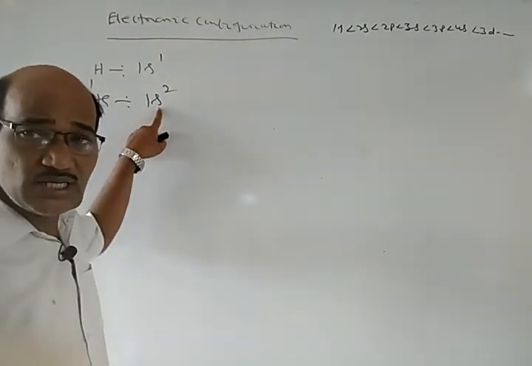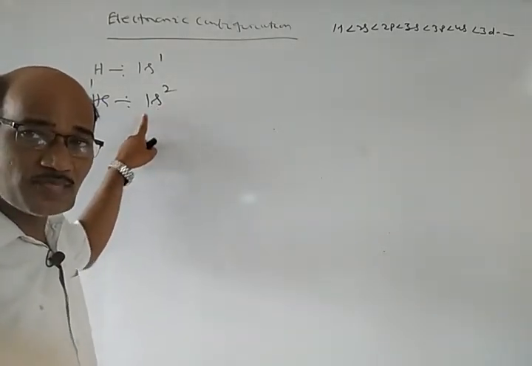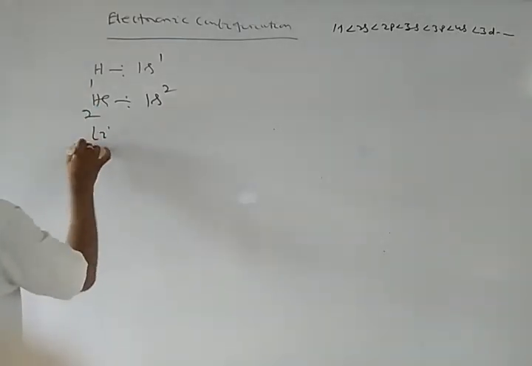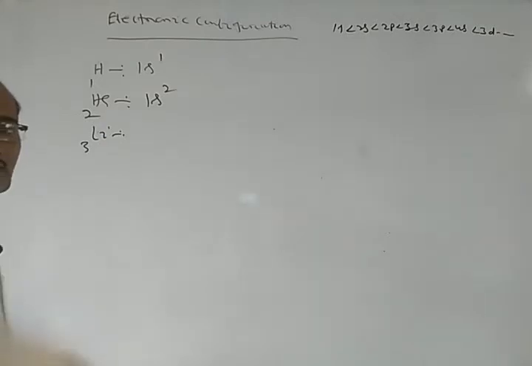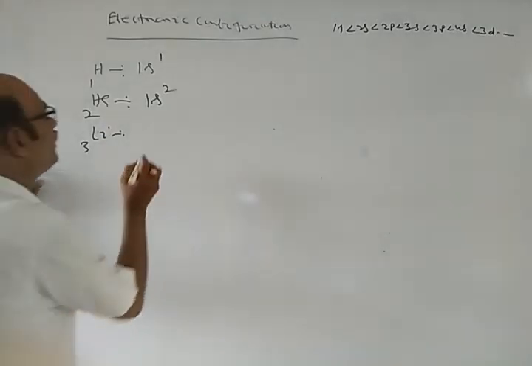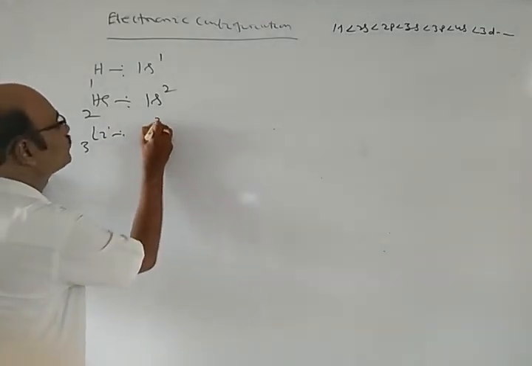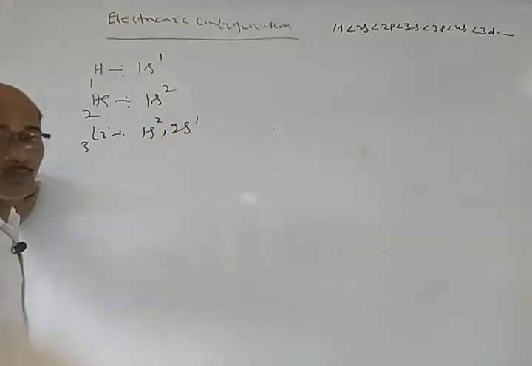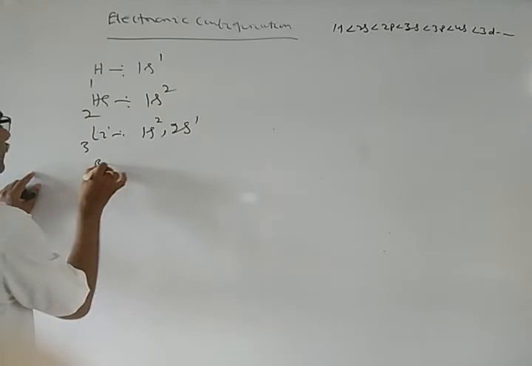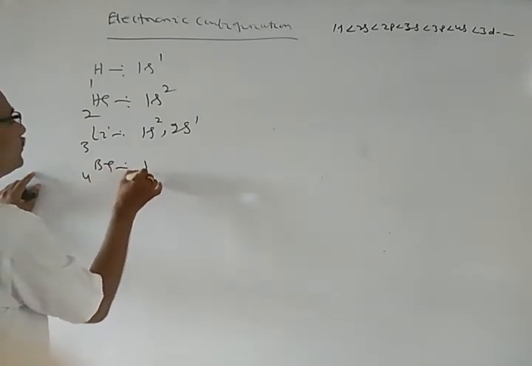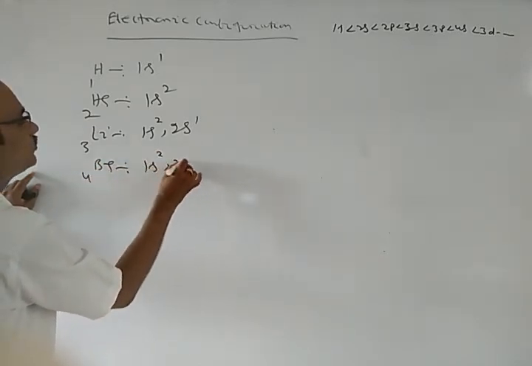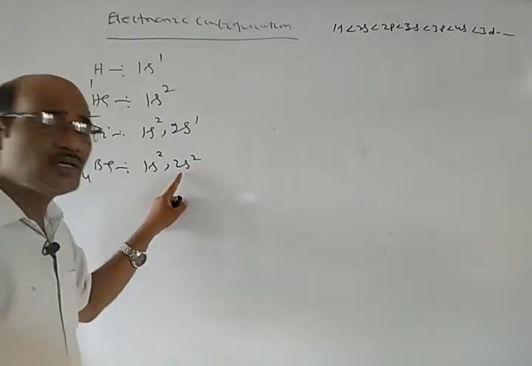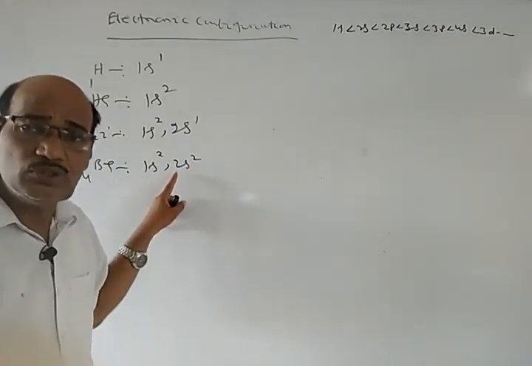The s subshell of shell number 1 contains 2 electrons. If I have lithium Li3, first 1s2, then 2s1. Beryllium 4, 1s2, 2s2. An s orbital will contain a maximum of 2 electrons.